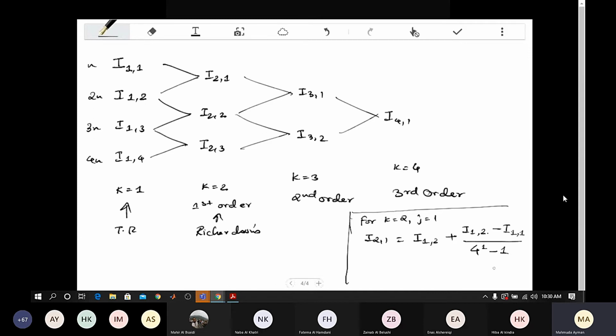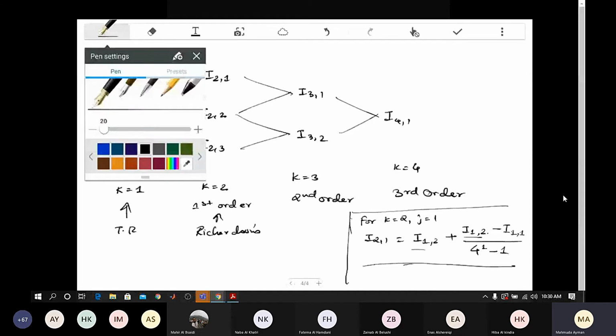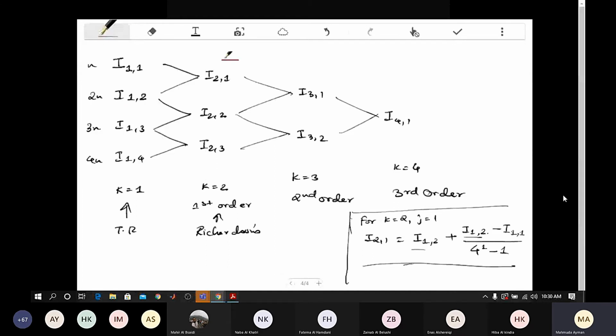So is this now clearing the doubt why we had I2,1 here? What I showed you over here is basically deriving the formula for I2,1.